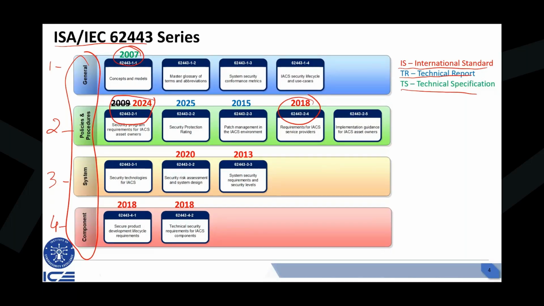But there are some other documents that are still not released yet. So ISA has planned these. Maybe some of these are under development and may be released in the near future.